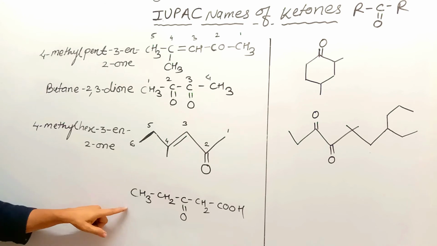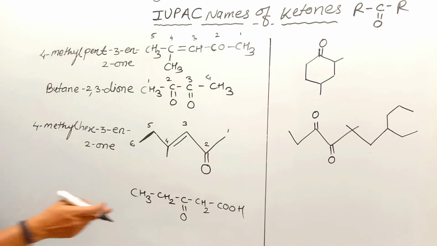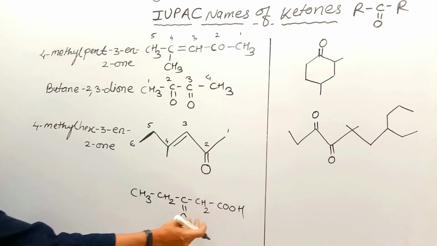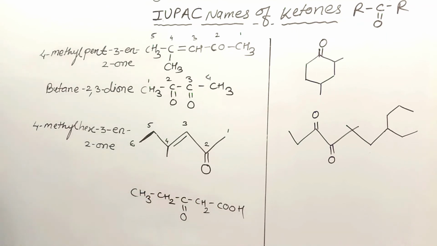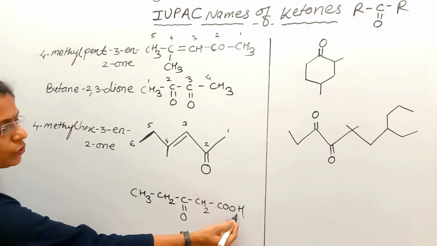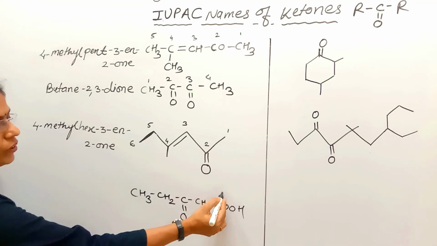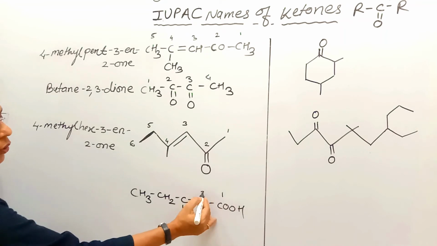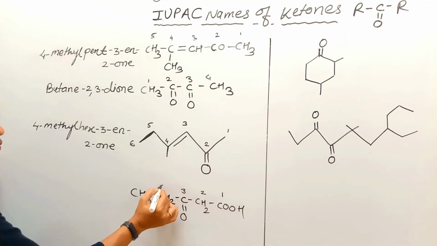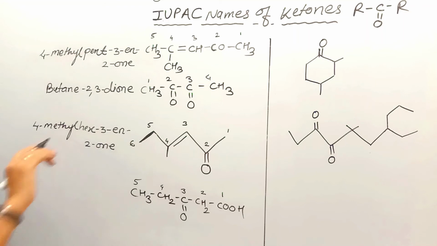Okay. See this. When more than one functional group is present, then decide the priority group. In 11th, we have seen the priority series. The higher priority is given to COOH, and hence I will number from this side 1, 2, 3, 4 and 5.